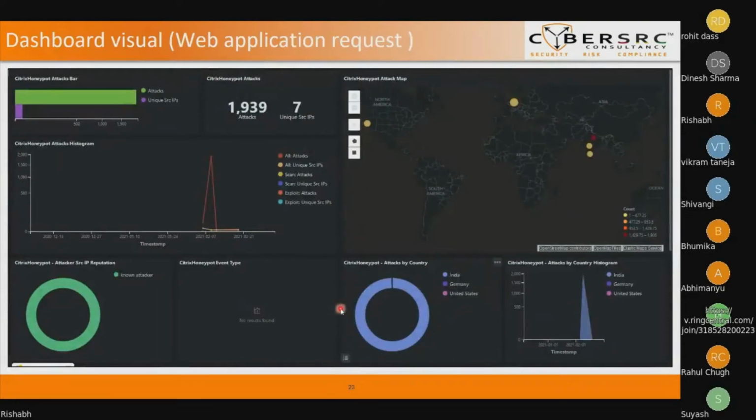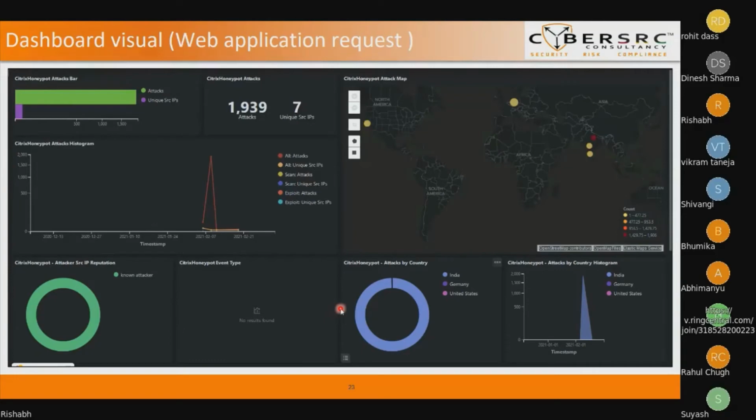So let me present you the dashboard visual. This is the dashboard visual of web application requests. Here we can see that one of the firewalls we are using is the Citrix Honeypot system, and these are the logs taken in a mere 10 minutes.